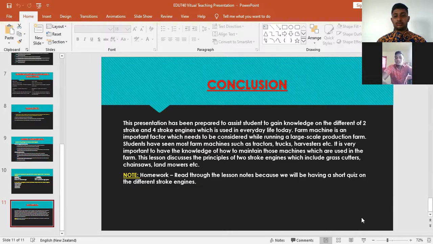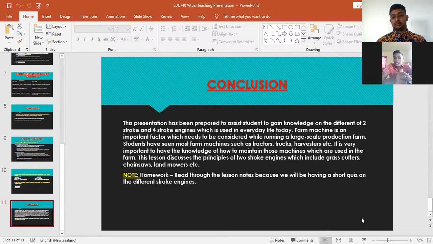Students have seen most farm machines such as tractors, trucks, harvesters, etc. Right? It is very important to have knowledge of how those machines used on the farm work. This lesson discusses the principle of the 2-stroke engine, which includes grass cutters, chainsaws, lawn mowers, etc. Right?